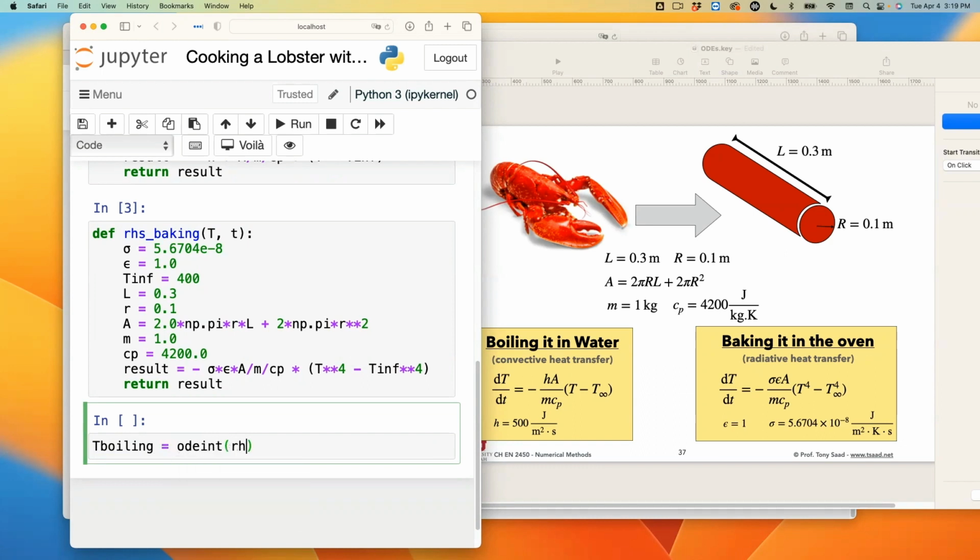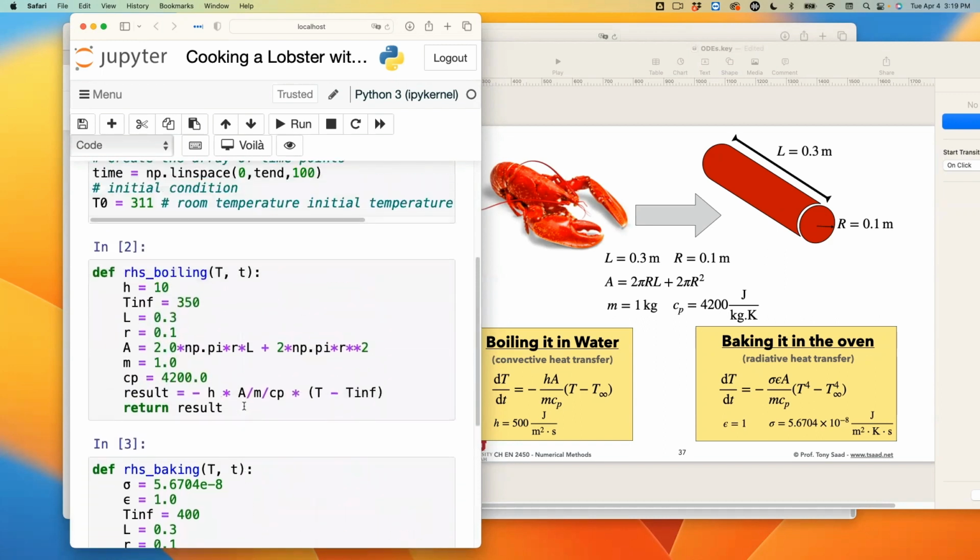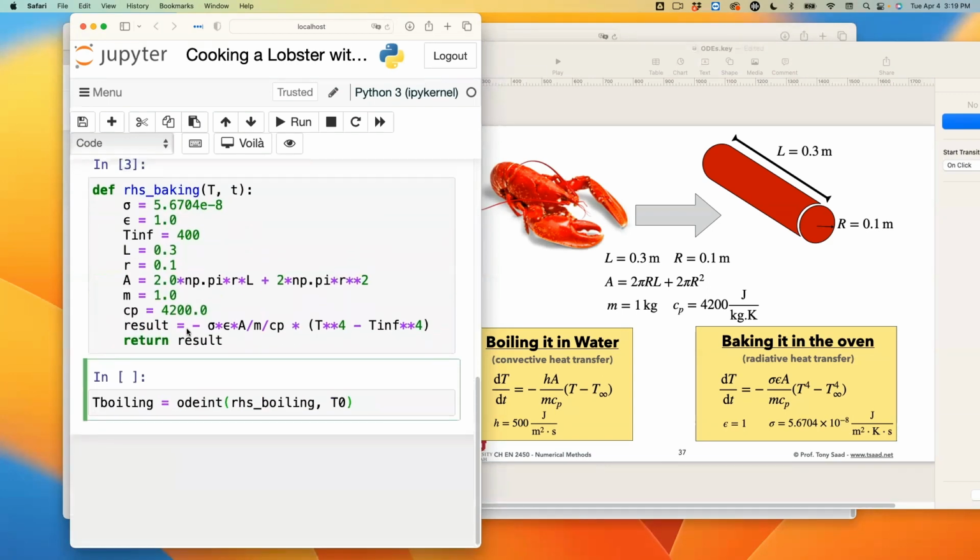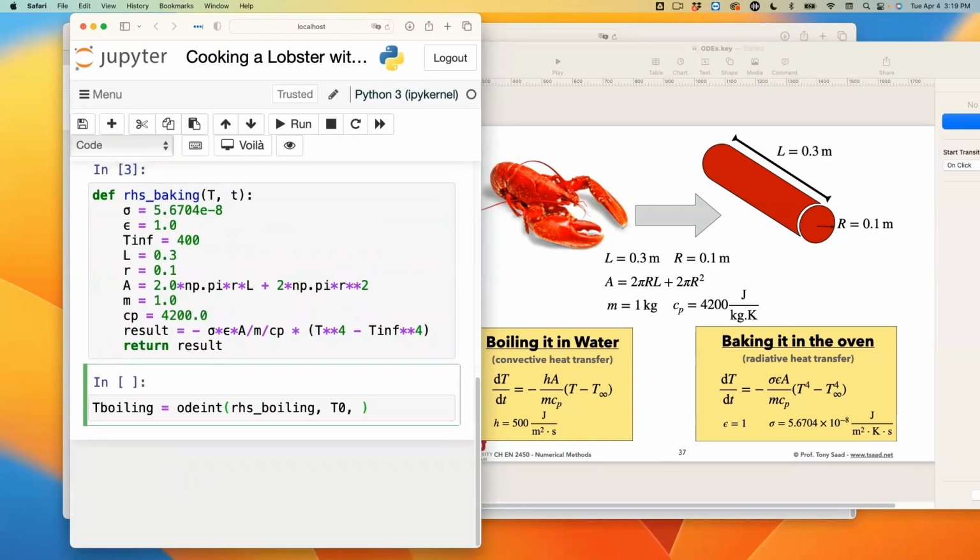Which right-hand side should we give it? Right-hand side boiling, because that's the right-hand side for boiling it in a liquid. We're going to give it an initial condition T0, which we defined way up here, and the sequence of time, which is our linspace.